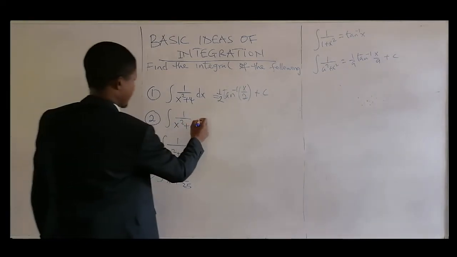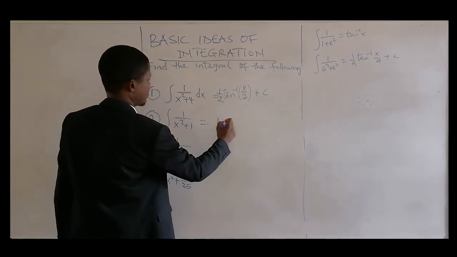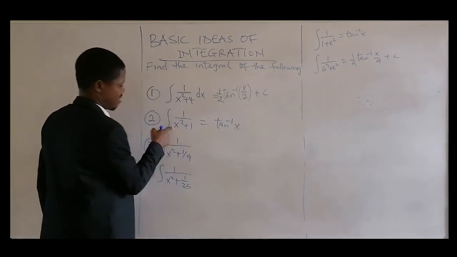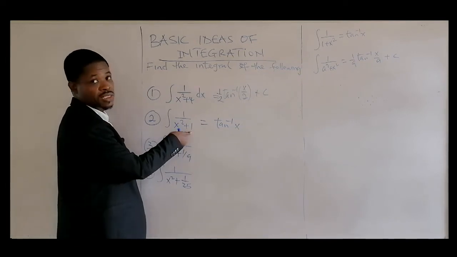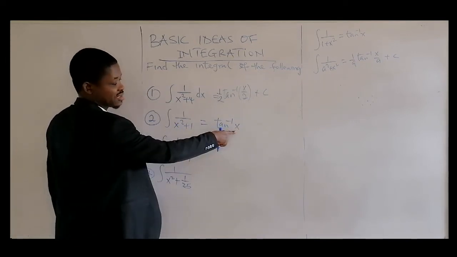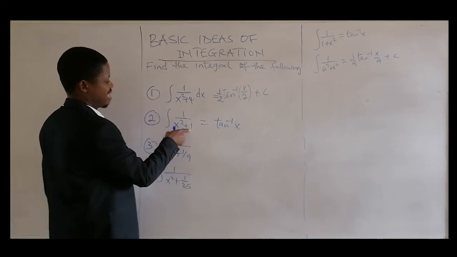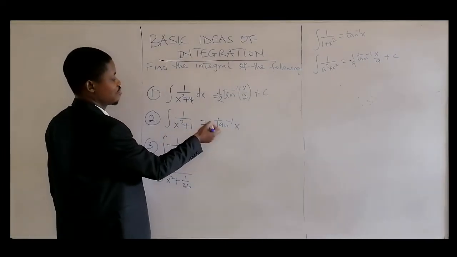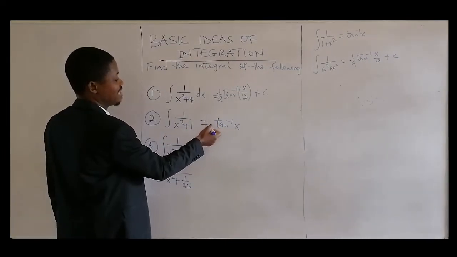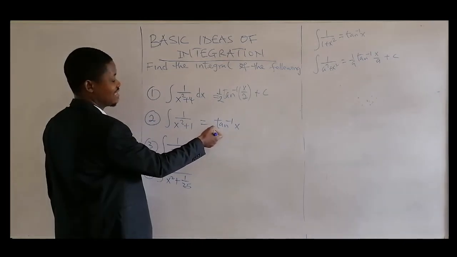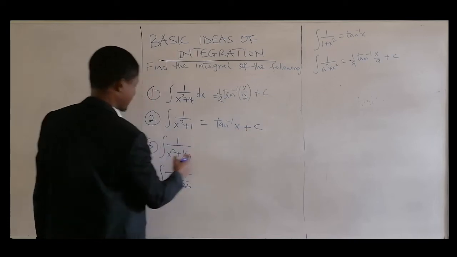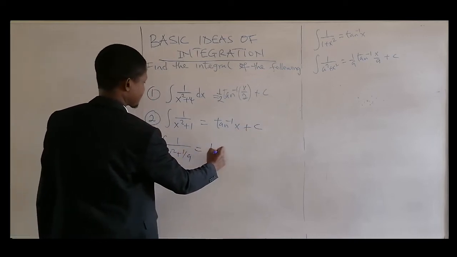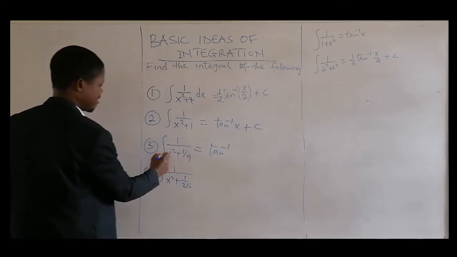Then here it will be equal to arctan x over 1, and that's x. But the a squared here, if I put 1 over a here, 1 over 1 is 1, so it has no effect. So that's just that on that. Here it is going to be arctan of one of these.